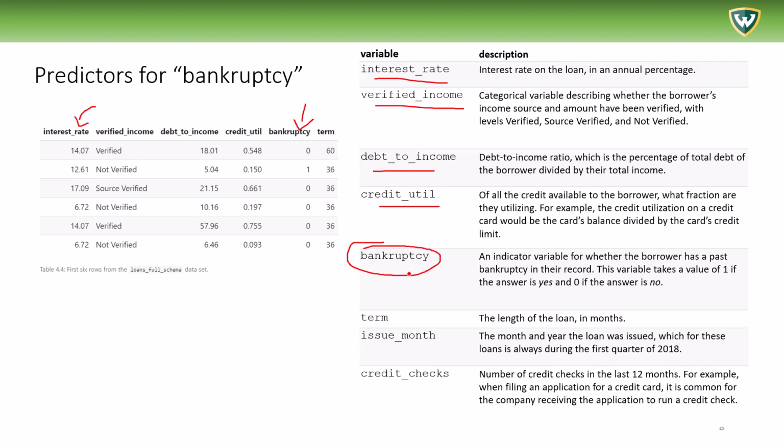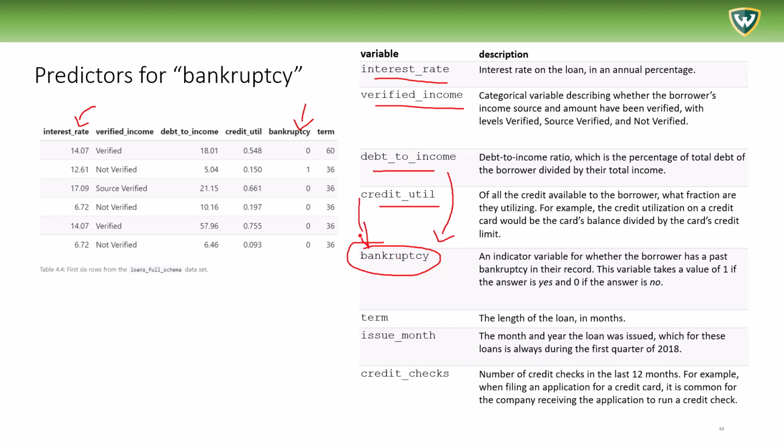So let's suppose we're trying to build a model of how different variables lead to bankruptcy or can explain bankruptcy. So we can think, for example, debt to income, which is the percentage of total debt of the borrower divided by their total income. The debt to income ratio maybe can help explain bankruptcy. The higher the debt to income ratio, the more likely they are to have a bankruptcy.